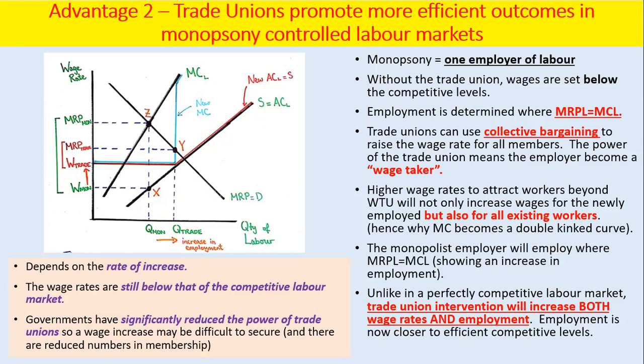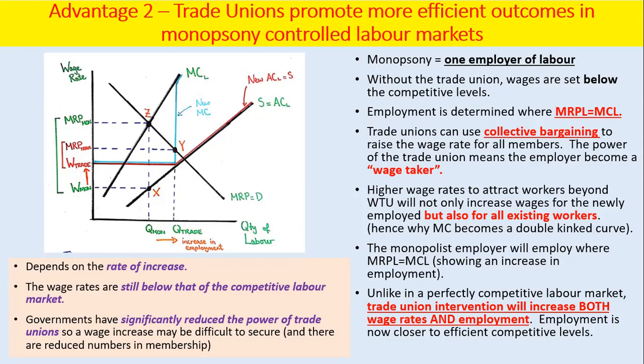And so even though the union has been successful in raising the wage rates, they are still not at the competitive level. Because remember, the wage rate would still be higher in a competitive level than what it is with the union markup. Governments have significantly reduced the power of trade unions. So a wage increase may be difficult to secure, and there are reduced numbers in membership.